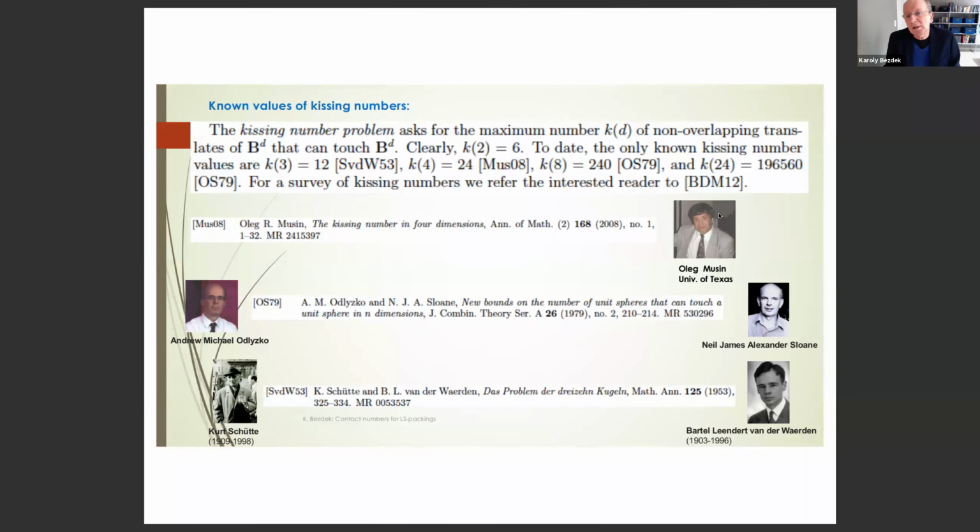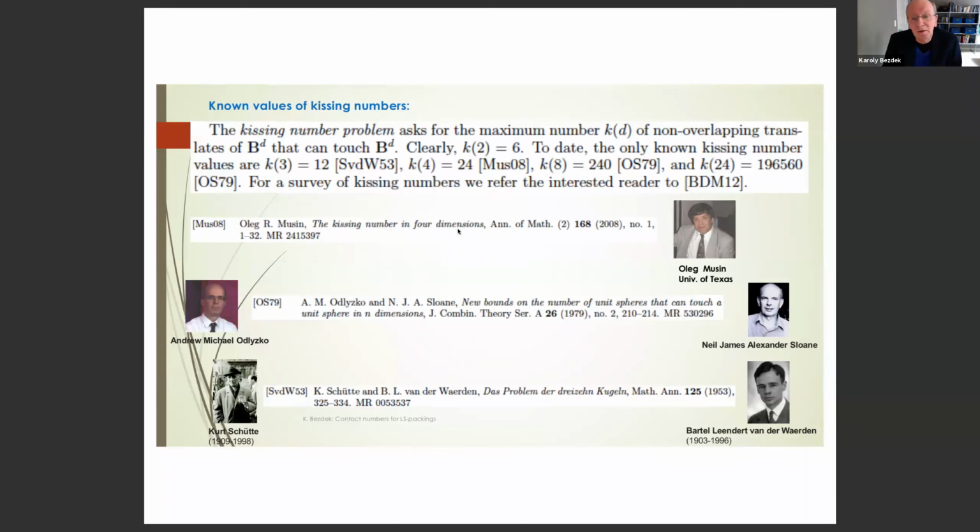In dimensions 8 and 24, you see the exact values listed here, which have been proved by Odlyzko and Sloane, and also Levenshtein proved this independently from them in 1979. The latest exact value was discovered by Oleg Musin, in dimension 4, whose theorem states that the kissing number of 4-dimensional balls is 24. That's the complete list of exact values.